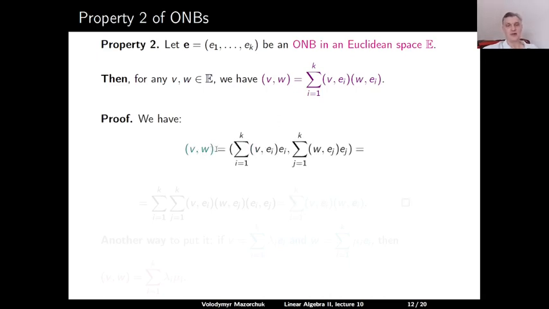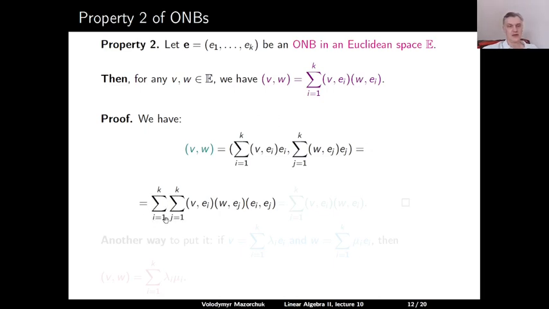By property 1, we know that v is a linear combination of e_i's with coefficients the scalar product between v and e_i. Similarly, w is a linear combination of e_j's with coefficients the scalar product between w and e_j. Using the bilinearity of the scalar product, we can move all sums and coefficients out, and we will have this formula.